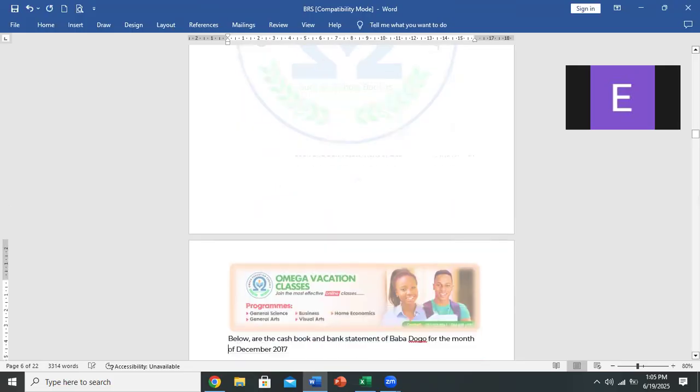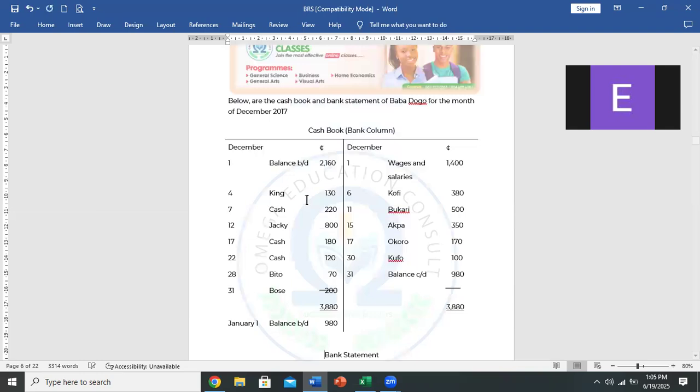So that is the cash book. As you all know, this is your cash book, the debit side or the receipt side, where you receive some monies from King, Jackie, etc. And then the payment side, where you are paying some wages and salaries, creditors like Kofi, Bukari, etc.